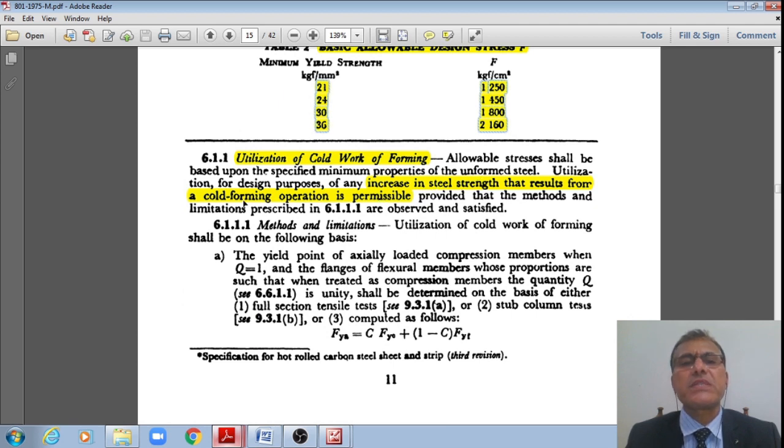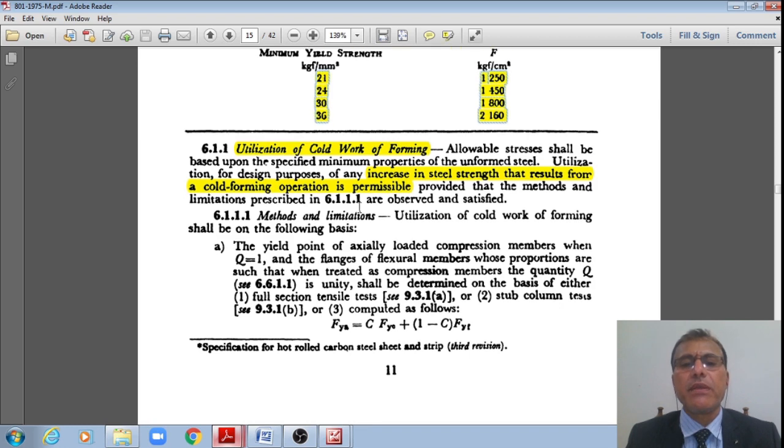However, allowable stresses shall be based upon the specified minimum properties of the unformed steel, right? Utilization for design purposes of any increase in steel strength that results from a cold forming operation is permissible, right? Now that is all, right?